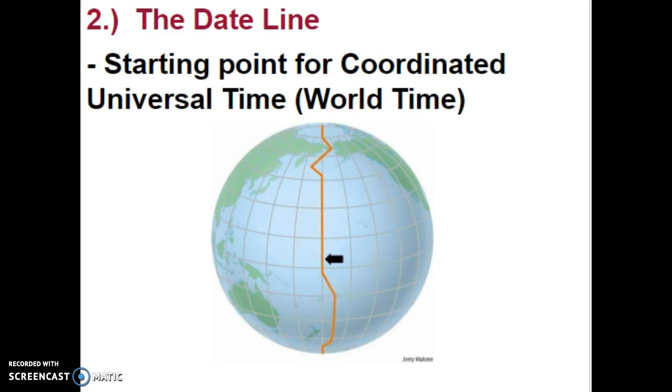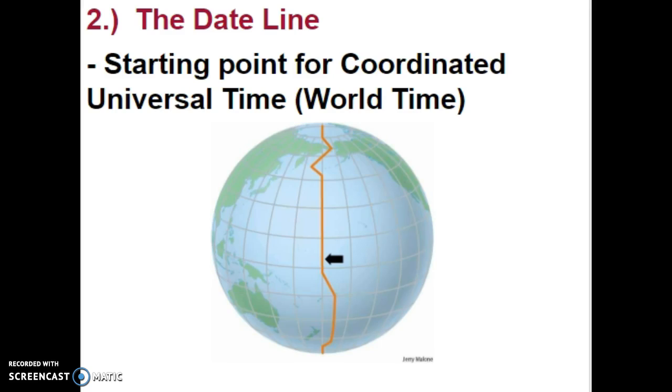So where does time start? I mean, we have to have a 0 hour, right? Well, the starting point for what we call coordinated universal time, or world time, is the international dateline. So this is kind of the start point of where we measure our one day to the next day. Now, the international dateline is way out in the middle of the Pacific Ocean.